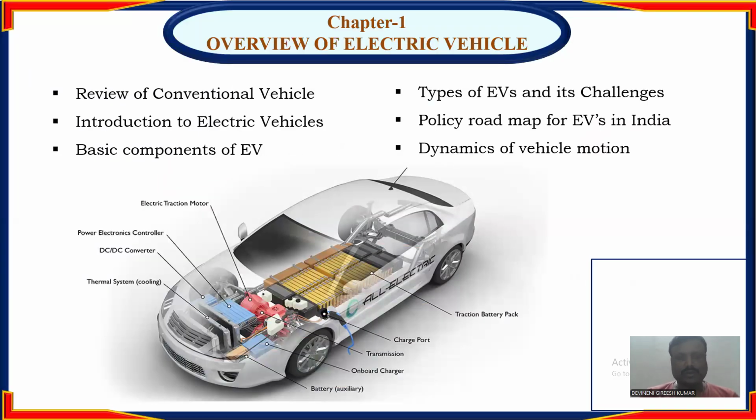Coming to chapter one, it covers the basic fundamentals of electric vehicle design models and an overview of conventional vehicles, and the comparison of different vehicles like ICE, EVs, and HEVs. What are the different models that can be designed? That comparison is made with conventional vehicles to discuss the advantages and disadvantages of EVs.